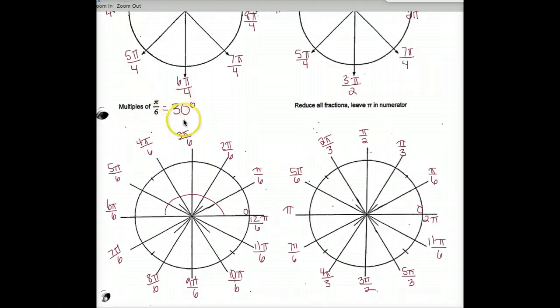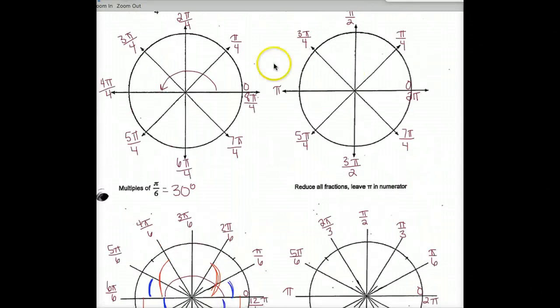So the multiples of pi over 6 either have a 30-degree reference angle, like this has a 30-degree reference angle, this does, this does, this does, or the other ones have a 60-degree reference angle, here, here, here, and here. The ones above all have a 45-degree reference angle.